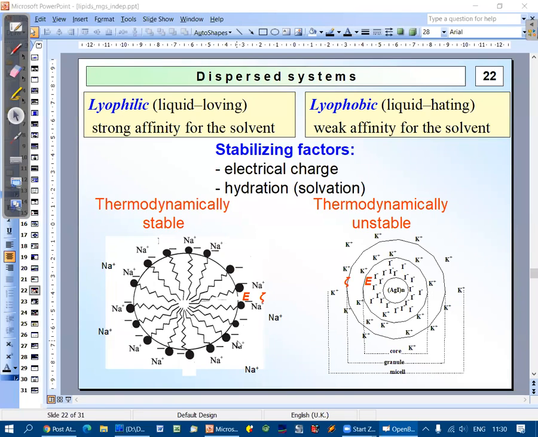Now let's compare the structure of spherical micelle with this inorganic micelle. So this is the core, of course.